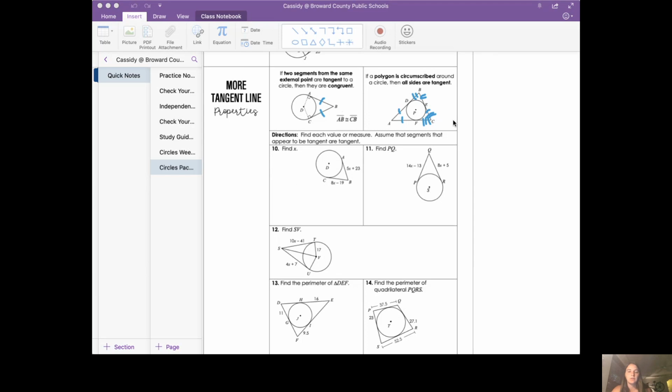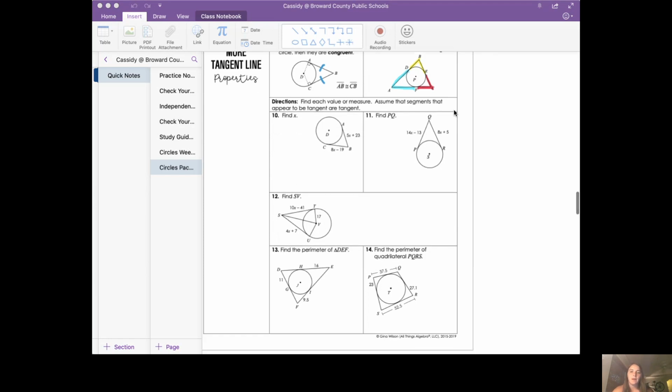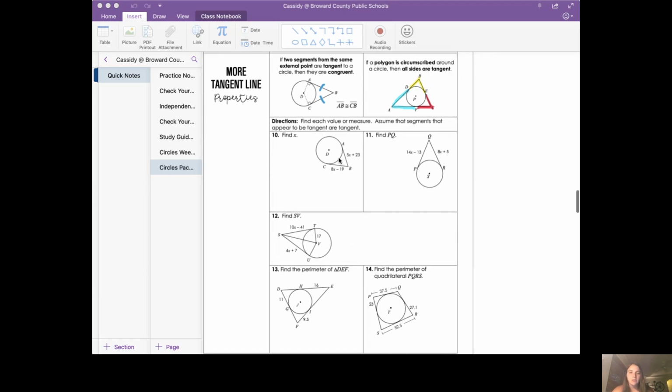Hopefully that wasn't that confusing. I'm going to actually use highlighter because that might be better. So this and this are congruent. This piece and this piece are congruent. And this piece and this piece are congruent. Hopefully that helps.